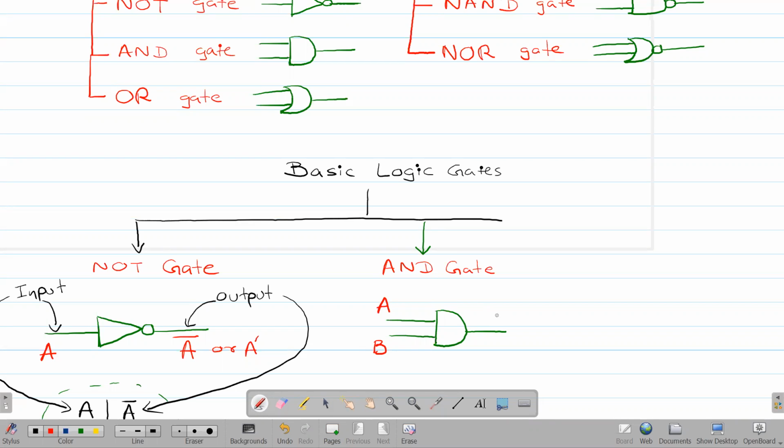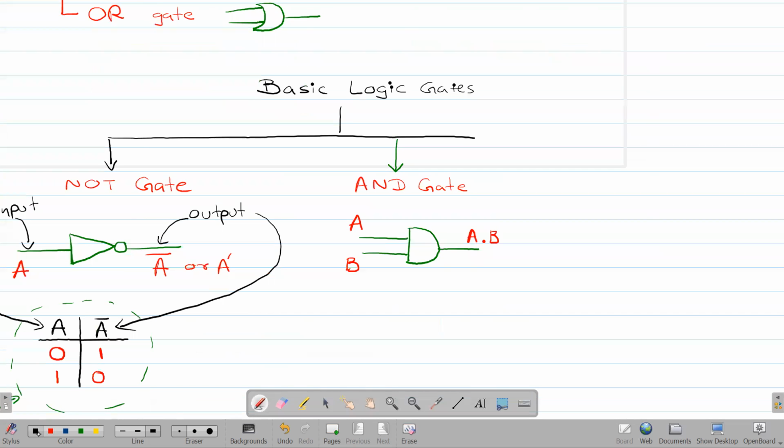So that will be multiplied to give the output, A dot B. We indicate the multiplication like A dot B, and it is very similar to mathematical multiplication, because the Boolean sector and the mathematical sector are two different sectors. But here, the multiplication happens the very same way, right?